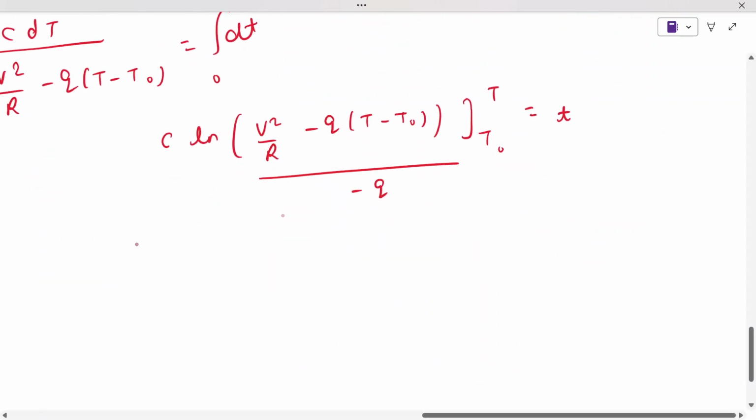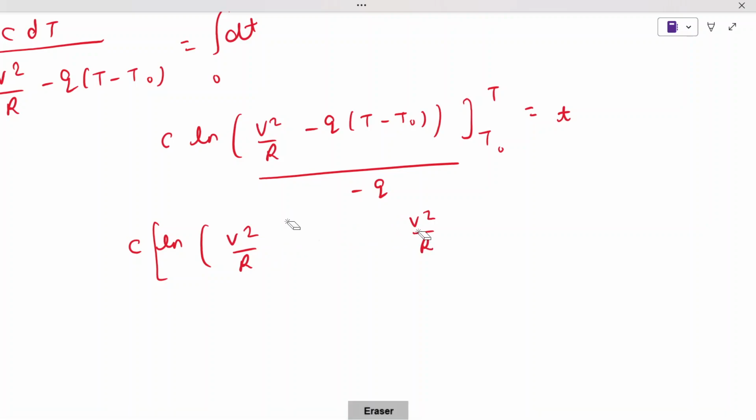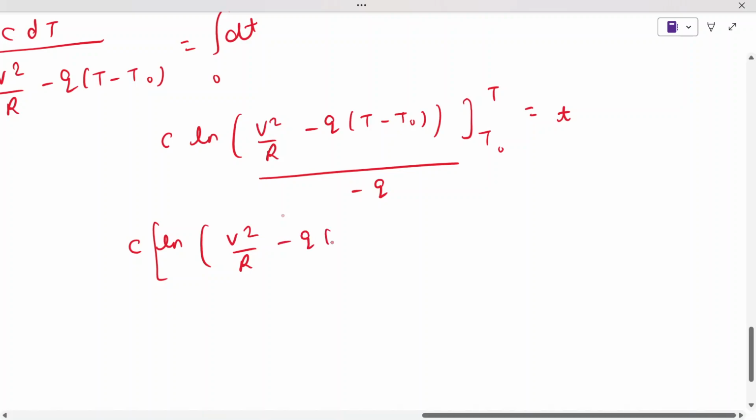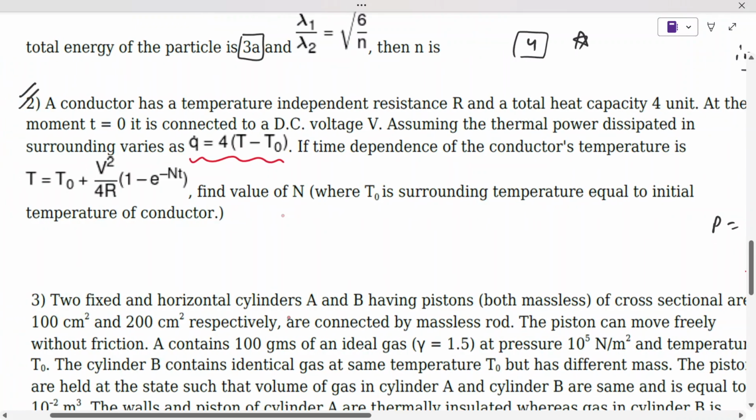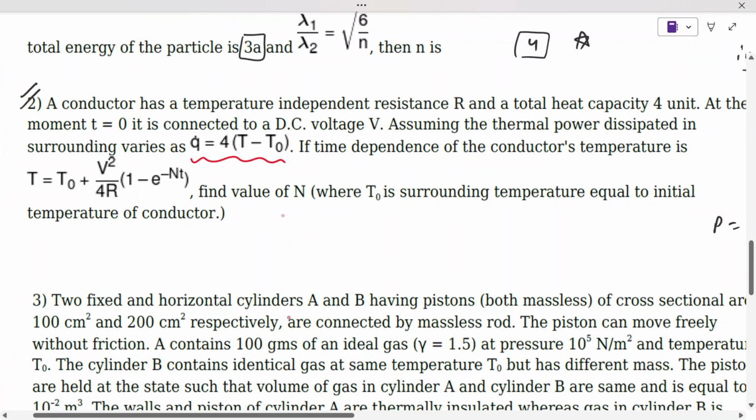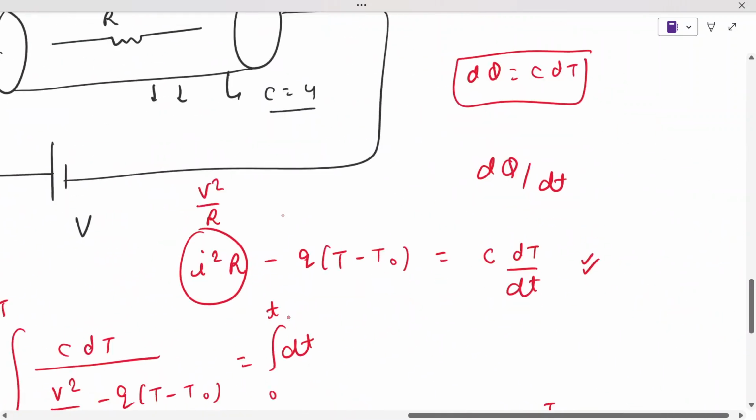So ln of (V square by R minus q(T minus T naught)) minus ln of V square by R equals minus qt by C. Here q is 4, and C is also 4.